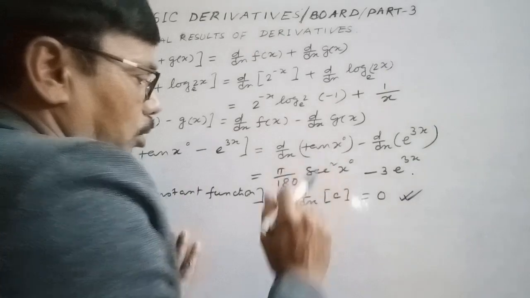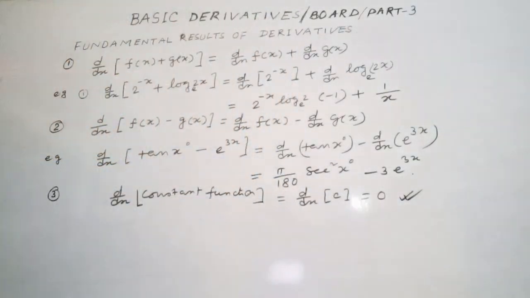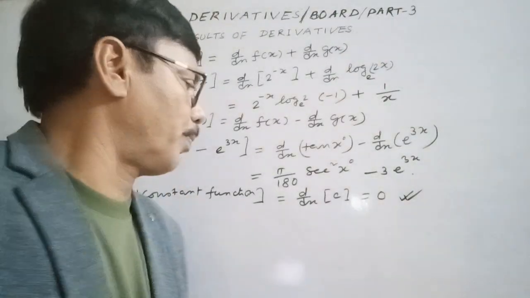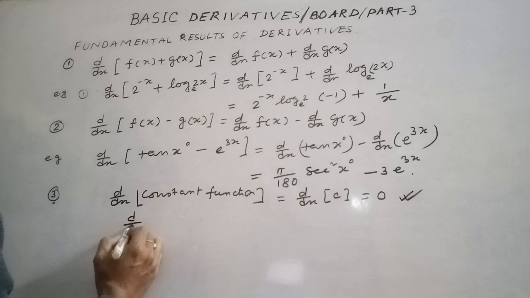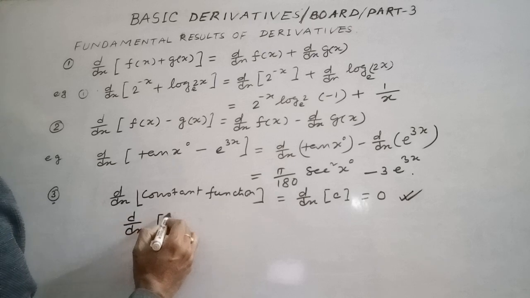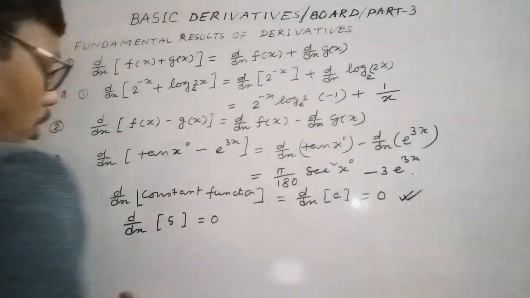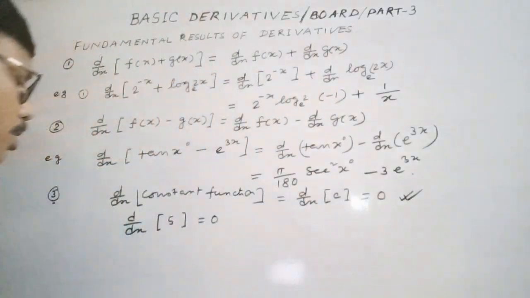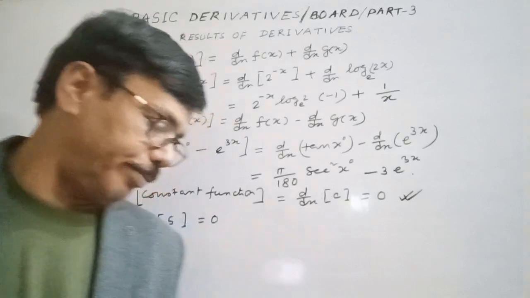The proof can be done, as I have already stated, with the help of the derivative by first principle. So what is the third result? The derivative of a constant function is 0. For example, d/dx of 5 is 0. Not involving x and y, it is considered as a constant.